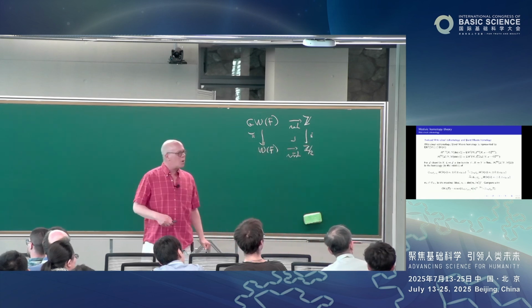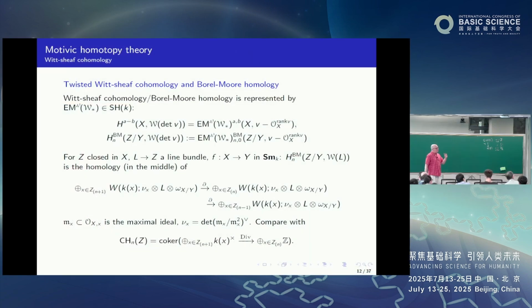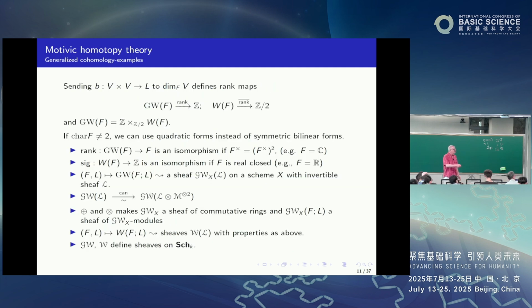All right. So here's the cohomology theory we're interested in. Remember, the Chow ring was represented by an Eilenberg-MacLane spectrum on Milnor K-theory. There's a similar homotopy module, which is just the Witt version. So maybe I should say, I forgot about this, some properties.